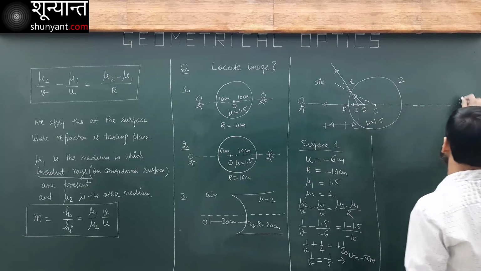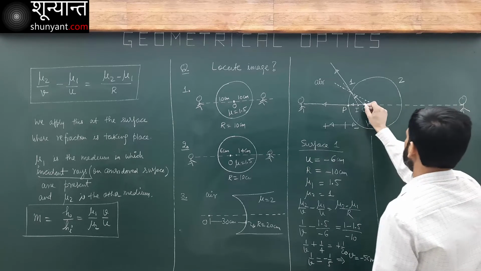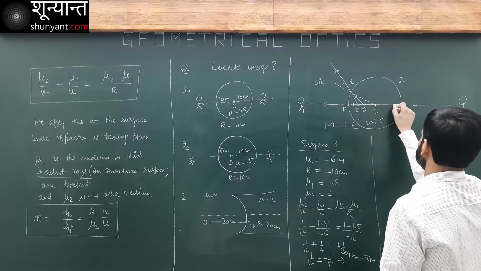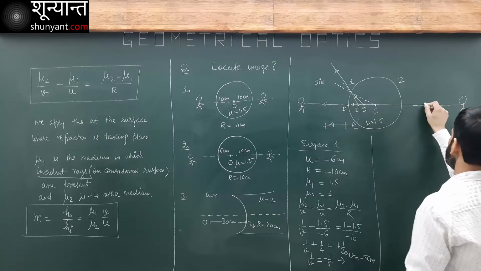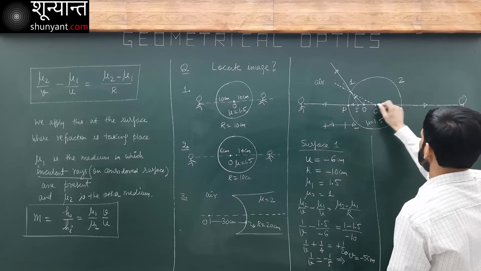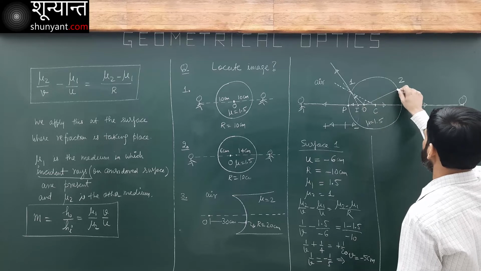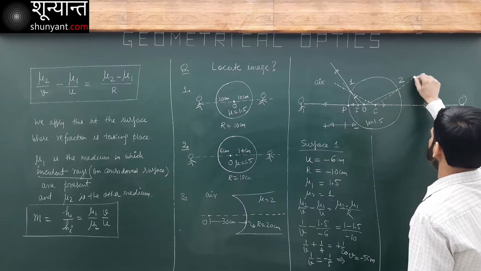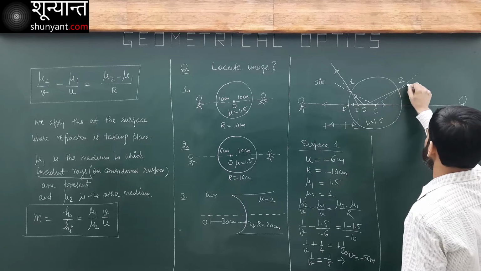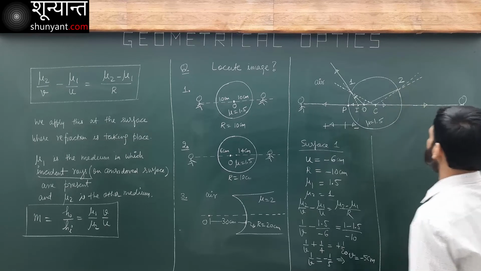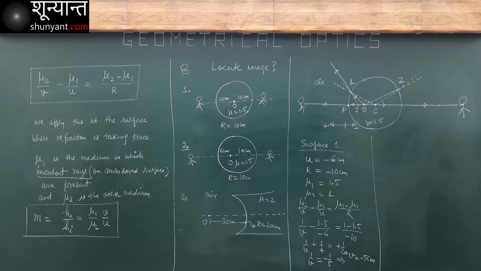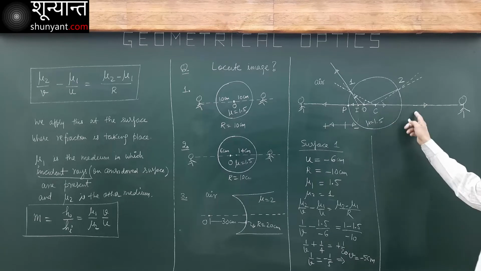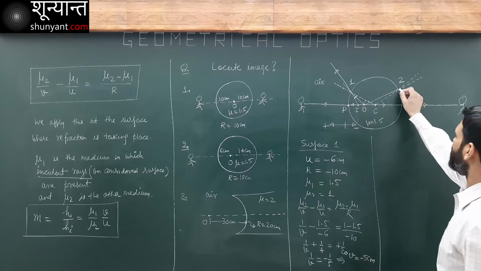Now, second image here. Similarly, I have one observer here on the other side. The light goes like this, and it passes undeviated. Now, one of the light rays I need: this is my normal, and this is the incident light. It is going to bend away from normal, denser to rarer.